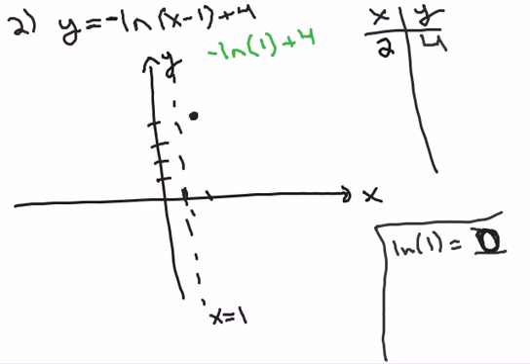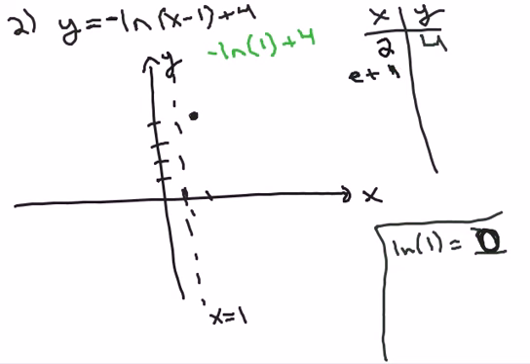So I have a point at 2, 4. Another point that I'm going to plug in here, I'm going to be a little tricky with the point I pick. I'm going to choose the point e plus 1. The reason that I chose that is because if I evaluate this function at e plus 1, you'll see that the negative 1 and the 1 cancel each other out, so I'm left with ln of e.